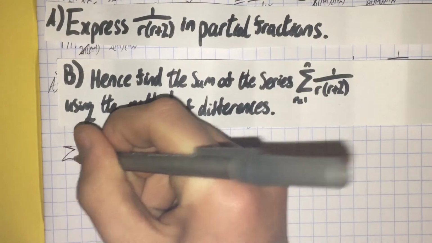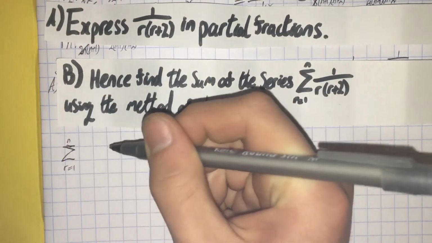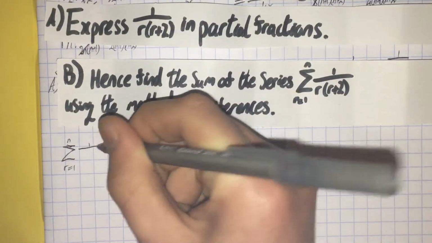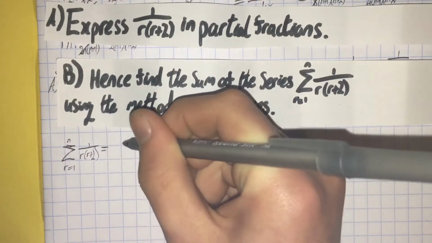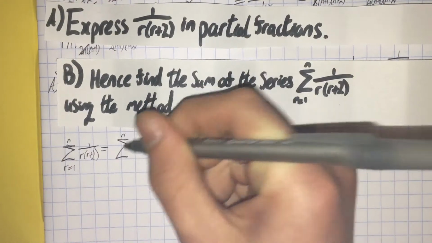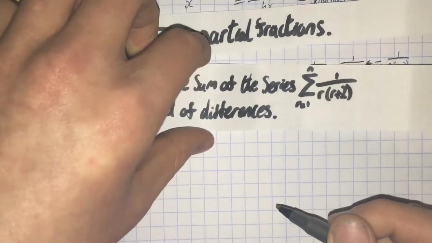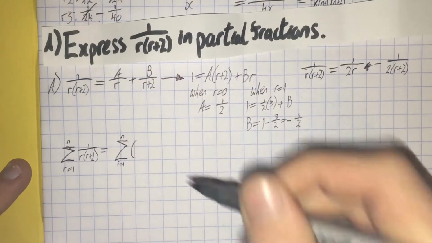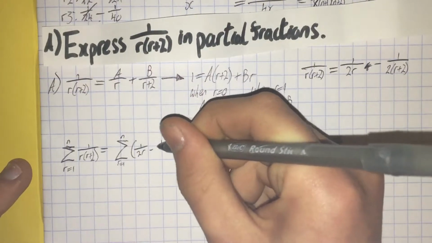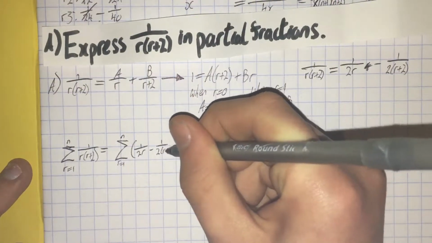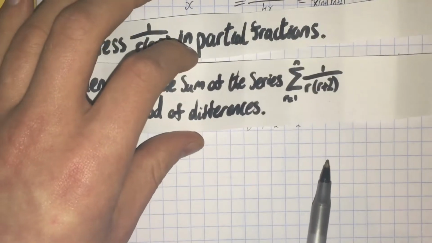So that means that our summation to n, r equals 1, for 1 over r times r plus 2 is equal to the summation, r equals 1, of our partial fractions here, 1 over 2r minus 1 over 2 times r plus 2. There we go.